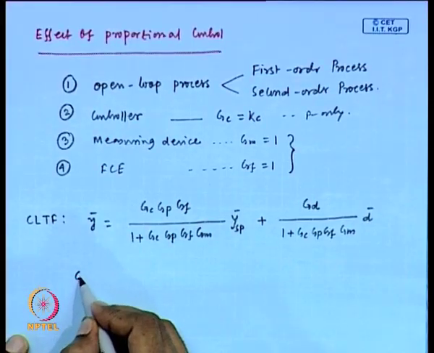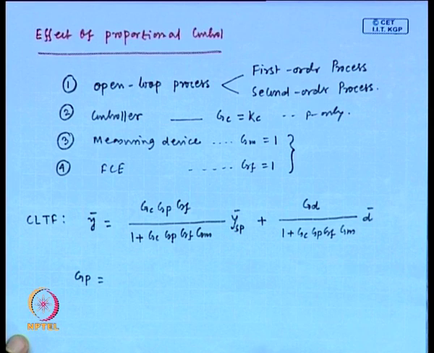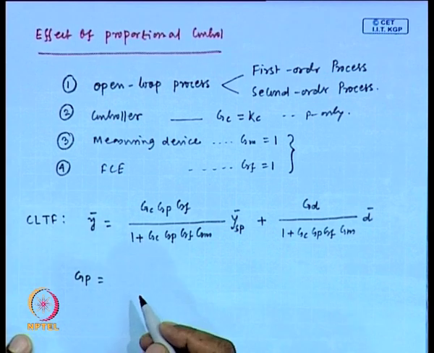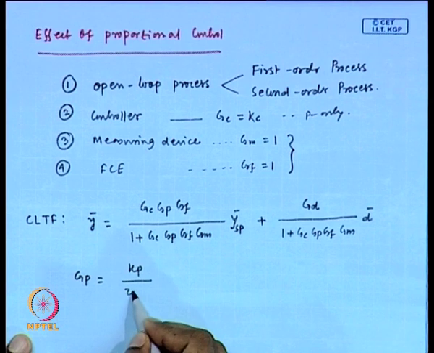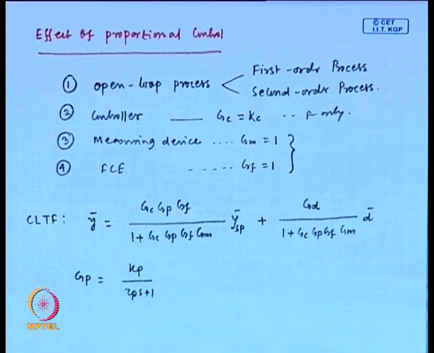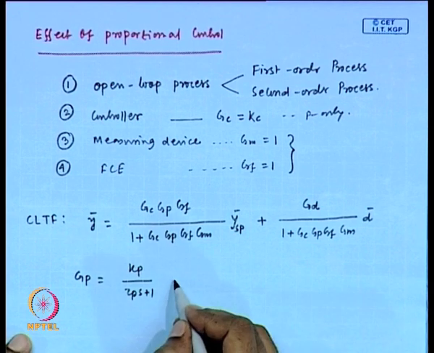Like for the process, it is mentioned that first we will consider first order process, that means Gp equals Kp divided by tau p s plus 1. For a first order process, this is the transfer function.